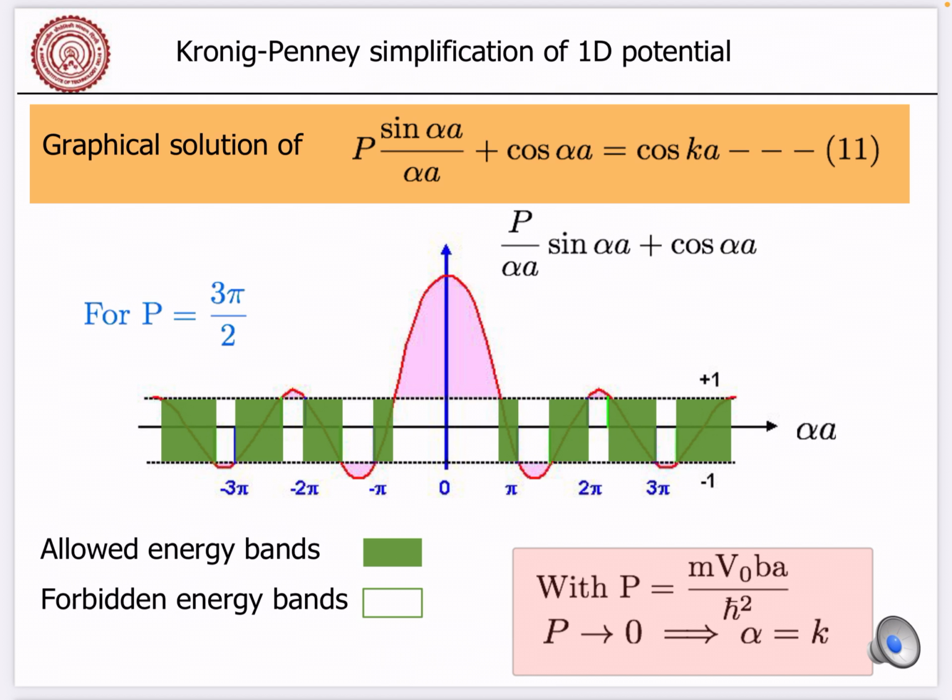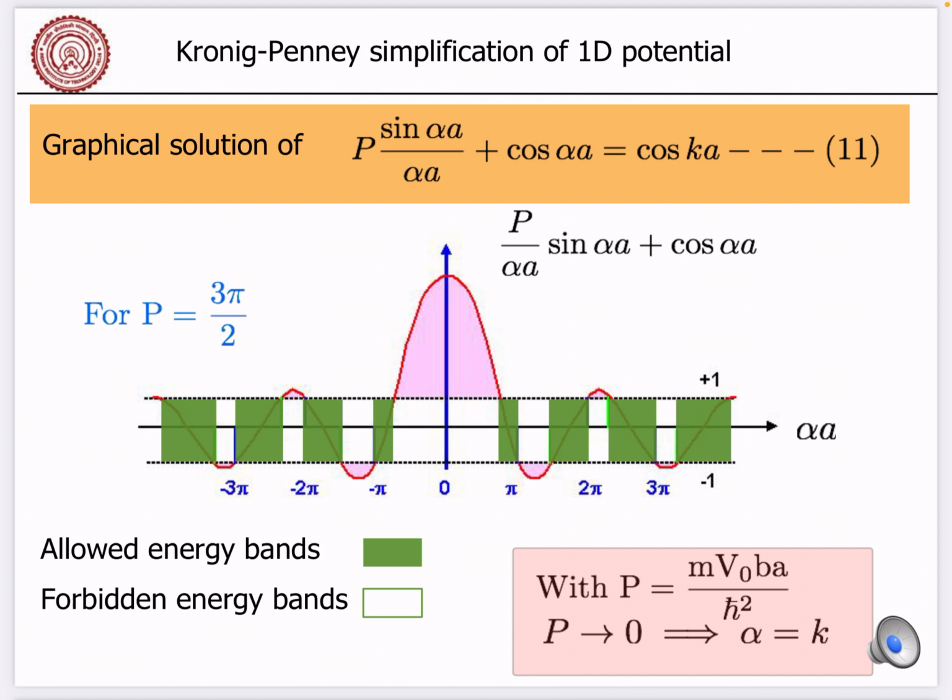Now you see that cos of Ka has a maximum value of plus minus 1. So on the right hand side, cosine of Ka, we plot the maximum values, which will be plus minus 1. If you plot these plus minus 1 values, these are basically two lines.